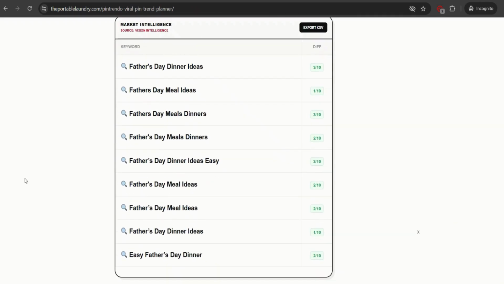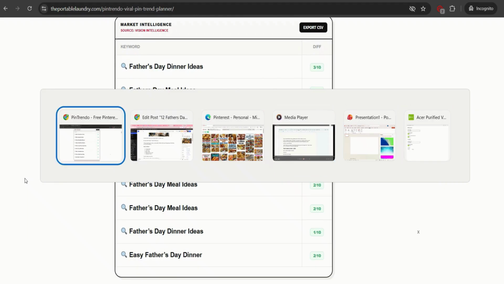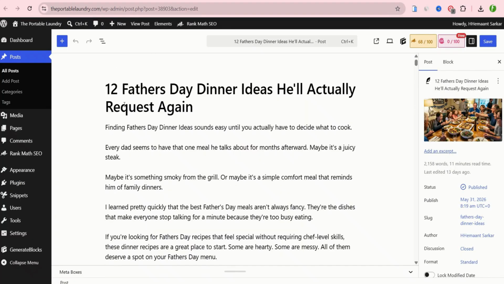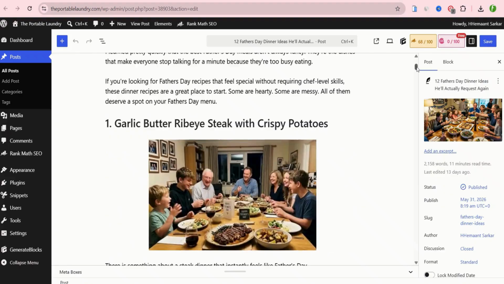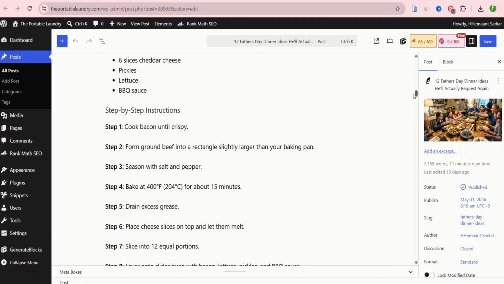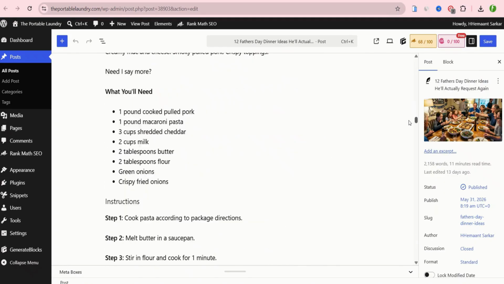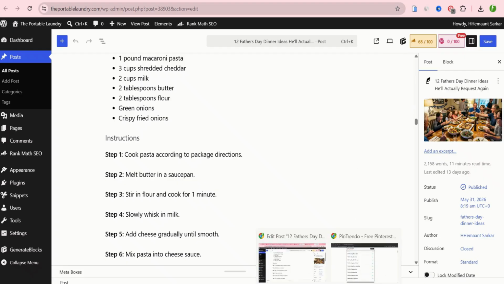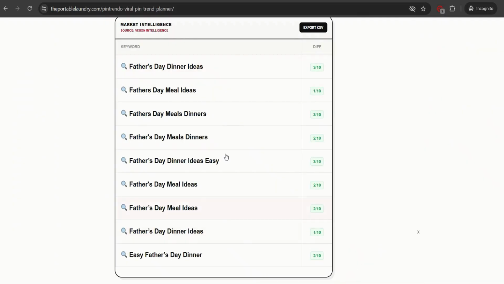Create a section around it, include the annotation in the article, include it again in the pin description. Now Pinterest sees the main topic, which is Father's Day dinner recipes, and then the supporting signals as Father's Day meal ideas, dinner recipes for Father's Day, quick dinner for Father's Day, and so on. So instead of ranking for one idea, you are now reinforcing multiple Pinterest concepts at the same time.